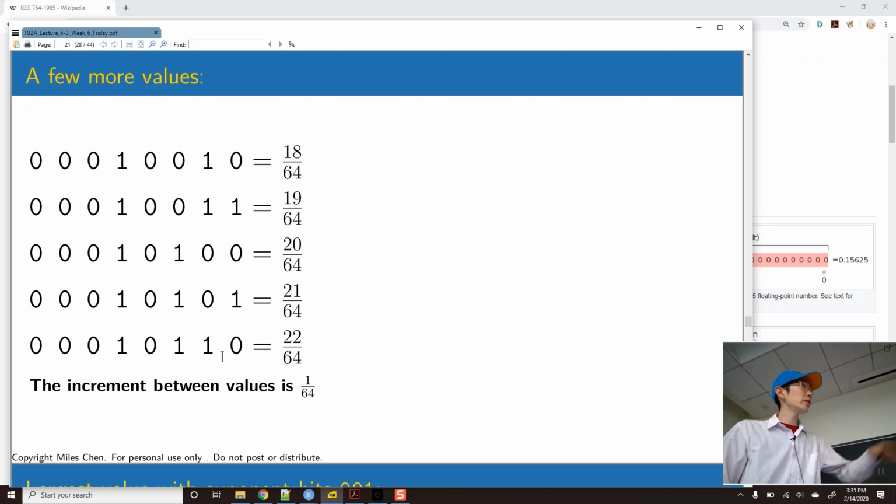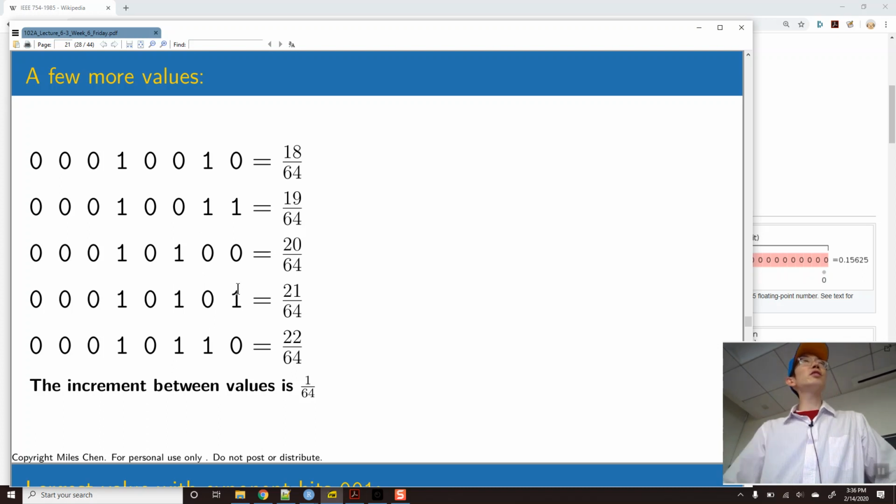If I said what is 18 in binary, it would be 10010: 16 and 2 is 18. This is 19 in binary, 10011: 16, 2, and 1. Basically we're just counting by 64ths here. Every time I add 1, I'm adding a 64th.